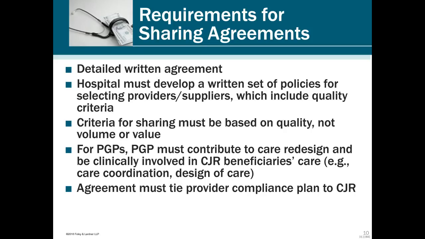And the criteria for sharing, both in selection of who your preferred providers or your collaborators are and how you pay them, needs to be based on quality. You have to have written quality criteria in the selection process for selecting your other providers that enter collaboration agreements with you.